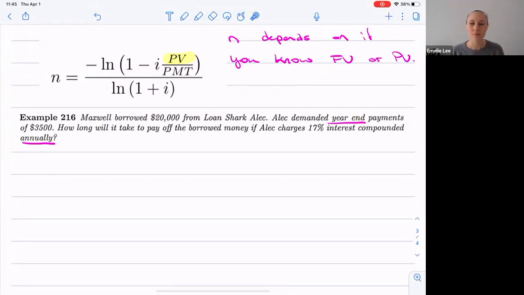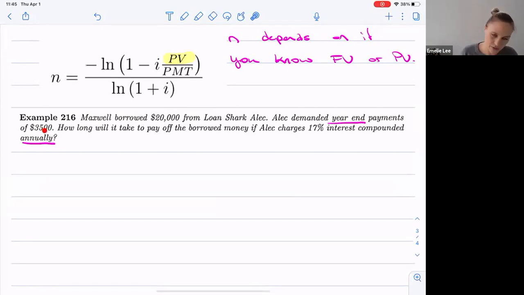Because if I make a payment at the beginning on January 1st, then it would get to sit there and make interest until December 31st. Whereas if I invested on December 31st, then I miss out on all that interest, right? So we need to make adjustments. But for now, we're making end of the term payments.